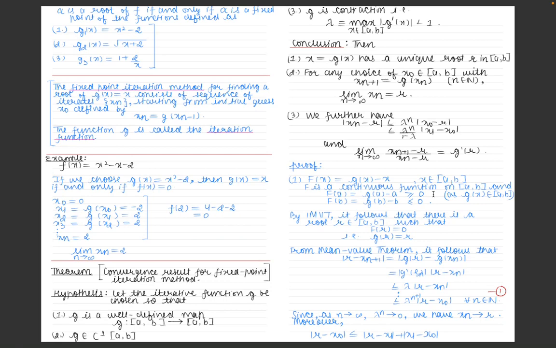Okay, so let us start. From mean value theorem, you see r minus x_{n+1}, which is g of r minus g of x_n. Why? Because r is assumed to be a fixed point.